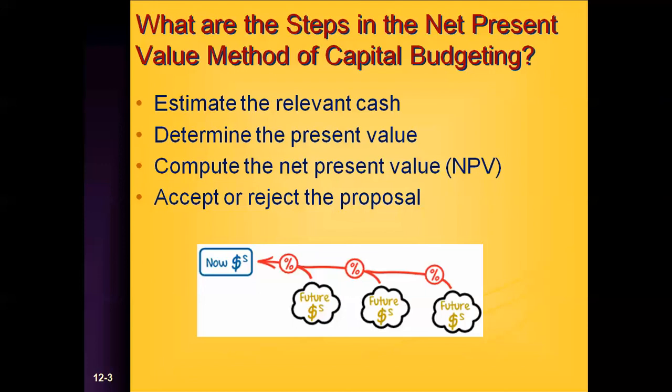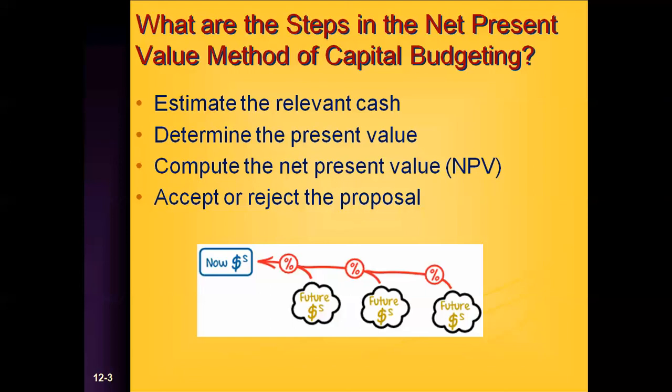So using that weighted average cost of capital, and for shorthand terms, we'll just call this an interest rate at this point, then you compute the net present value. Very similar to what you did in the last chapter. Then the last step, again, is does this particular investment opportunity meet our hurdle rate, and you accept or reject the proposal.